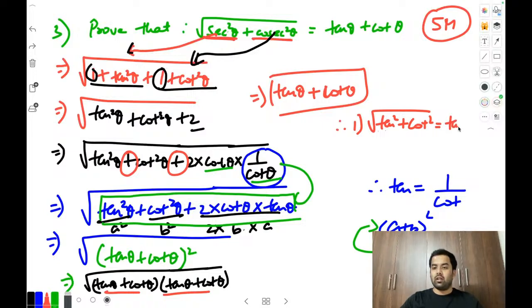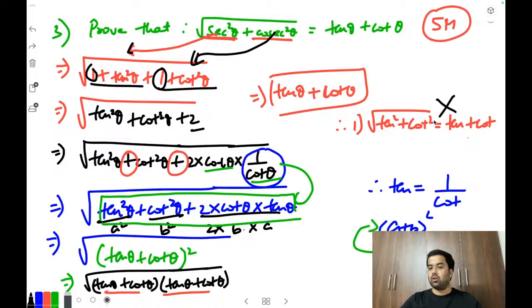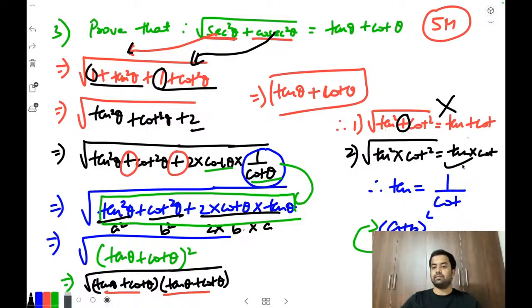Many of them will write tan plus cot, but actually this is completely wrong. Here we have a plus symbol, we can't do that. But if it is the case of tan square into cot square, now we can write tan into cot. This thing is correct. So in the case of plus and minus, we can't do it. In the case of multiplication, we can do it. Is it okay now?